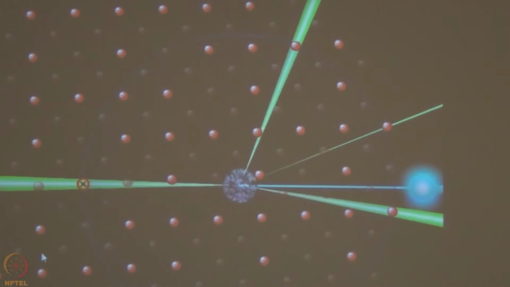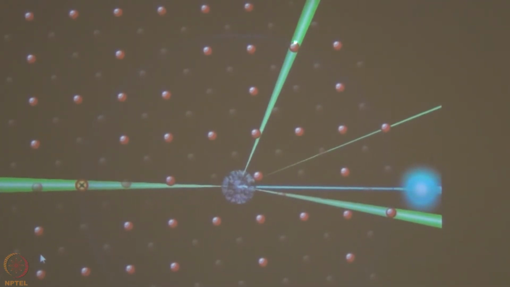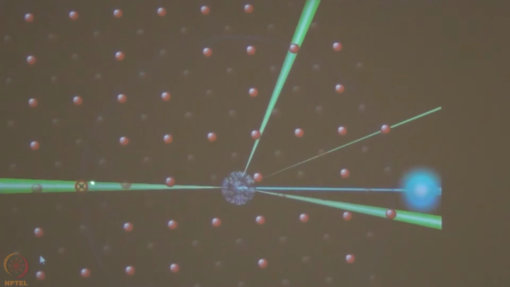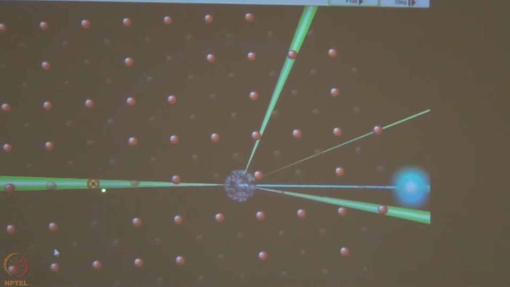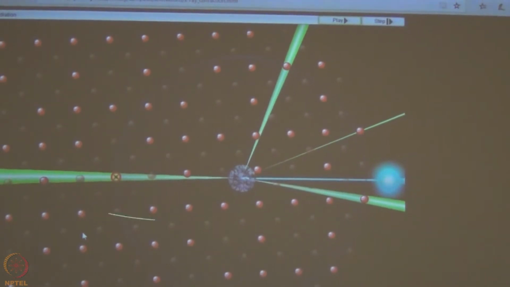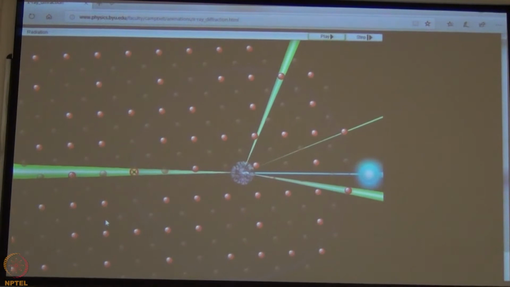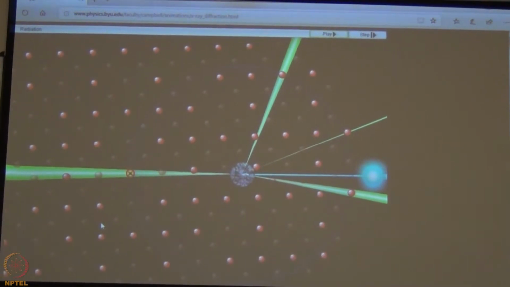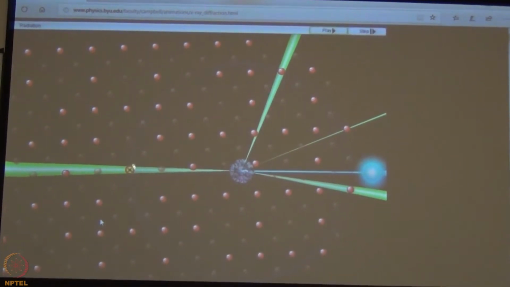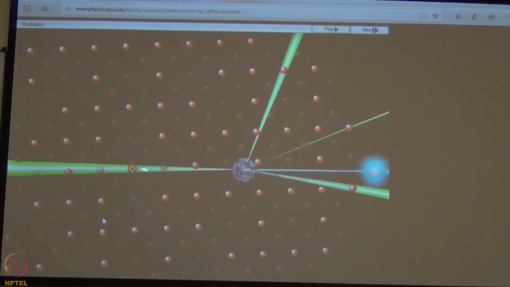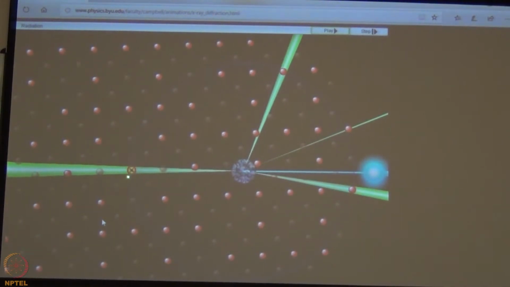Now you see, when a particular point is crossing the sphere, it is diffracting. This point is exactly the straight line from the beam, and this beam is enormously intense. When we discuss X-ray diffractometers, we will get to know we don't use anything which goes straight.